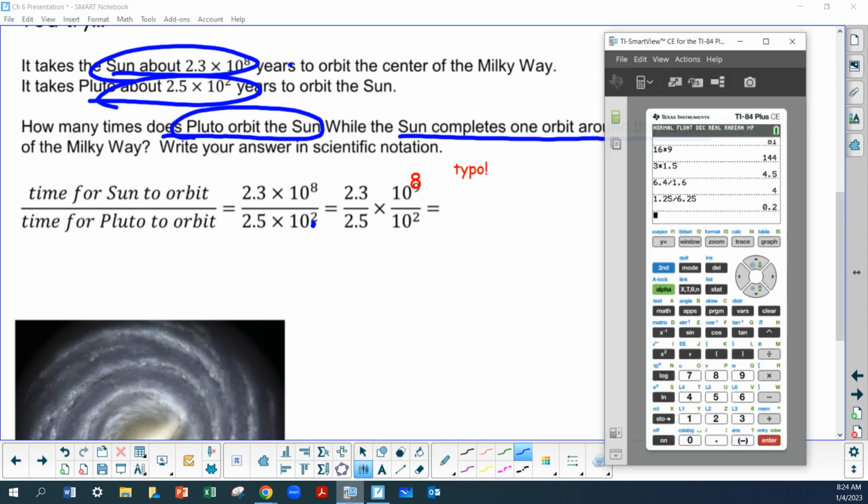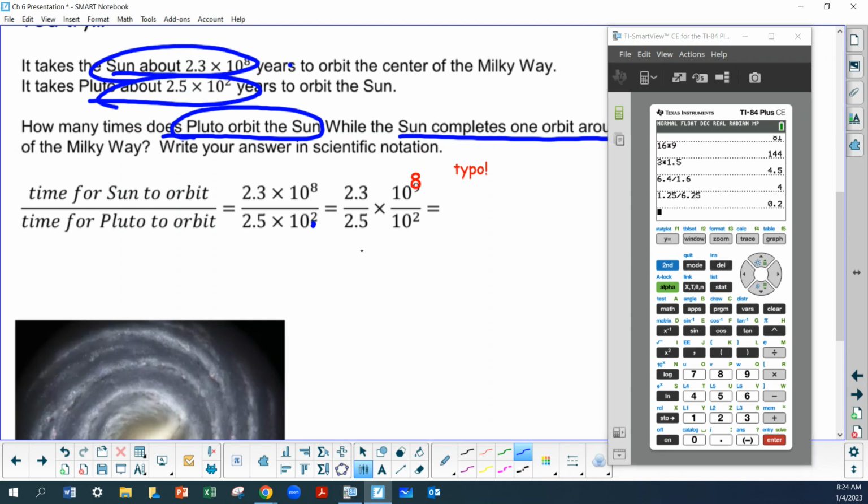All right. Calculator. Let's take 2.3. Oh, here I reorganized, didn't I? Reorganized my number, and got the tens grouped together, got the numbers grouped together.